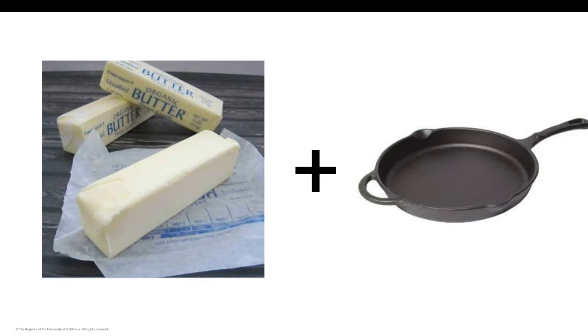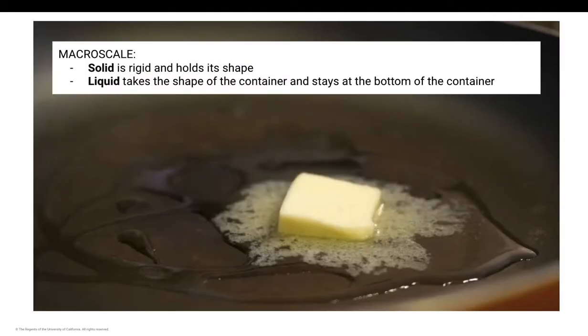So if I unwrap the butter and I put it in the frying pan, I put the frying pan on the stove, I turn on the stove, I am increasing the energy, right? Energy is being transferred into the butter molecules. So then does that mean the butter will go from a solid to a liquid immediately? Of course not. You guys, you've all seen this before.